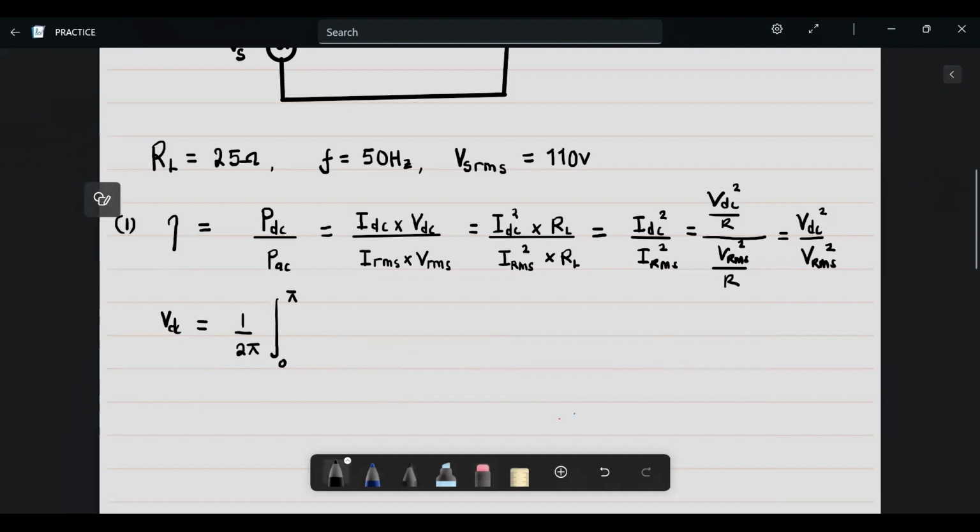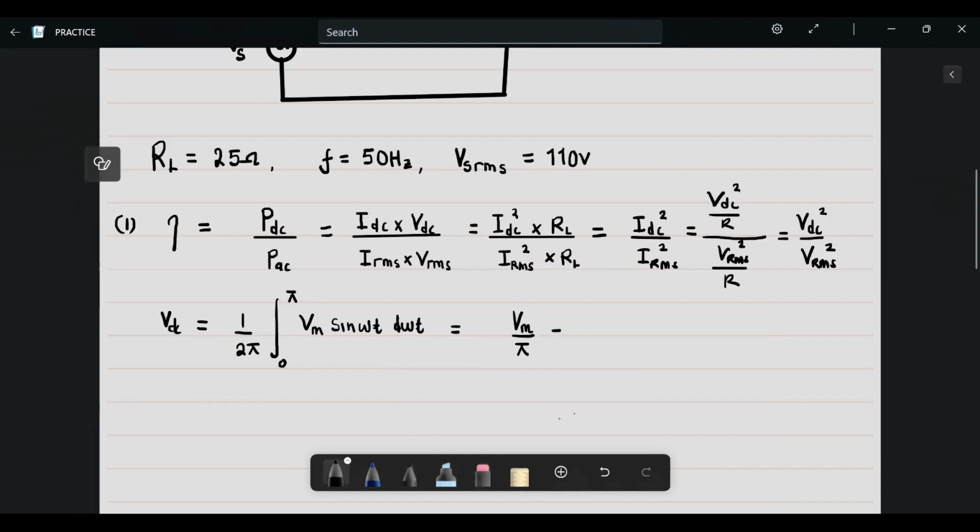So you're integrating from 0 to pi the sinusoid, Vm sin omega t, with respect to omega t. If you integrate this, I'm not going to do the integration, you end up having Vm over pi. So this is a DC voltage, where Vm is the peak input voltage.